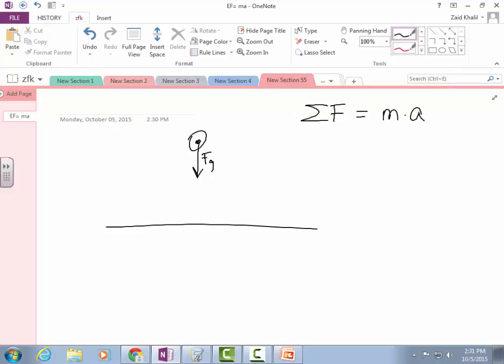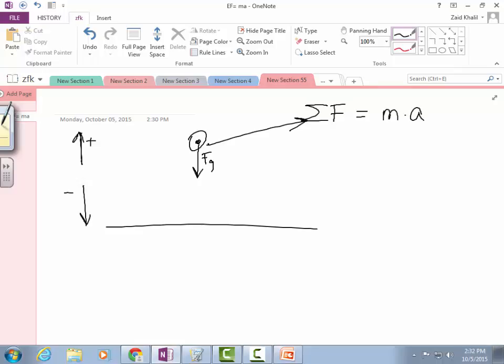What direction do you want to call up? Positive. So let's call up positive, and we'll call down negative. The free body diagram goes on the left side of Newton's second law. This goes here.